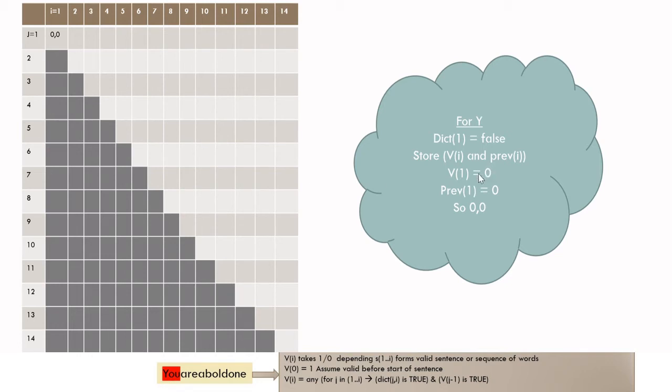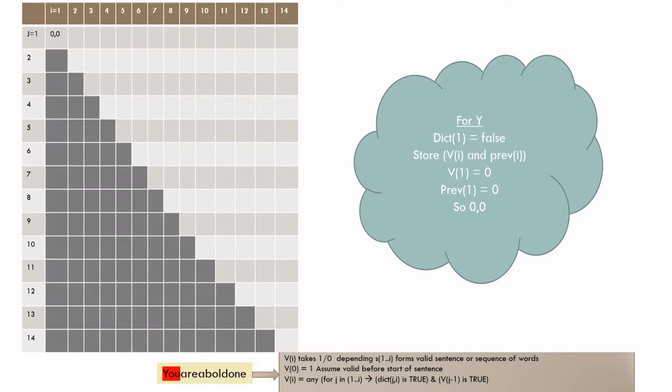So the dict part fails. The prev part is okay because we assume that prev of 0 is a 1, which means that just before this sentence started, v of 0 was a 1, right? So that's very important to understand: the initial condition here is that v of 0 is a 1.